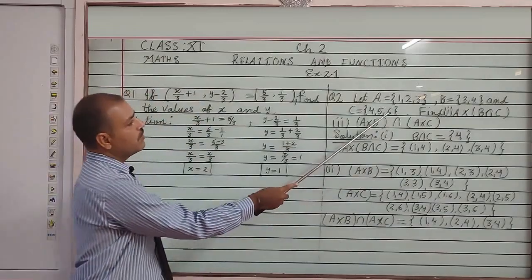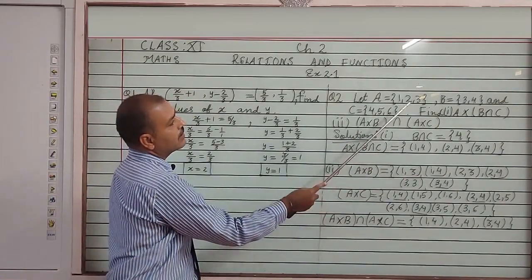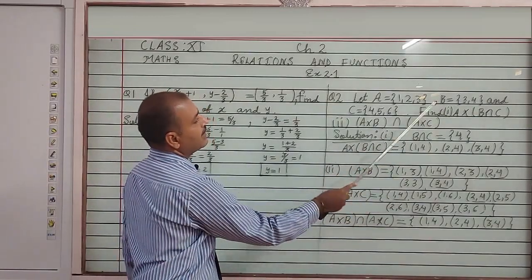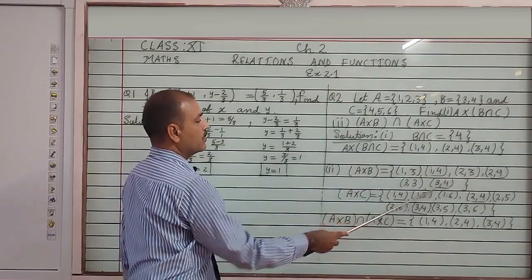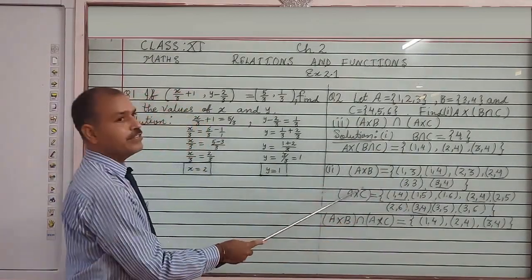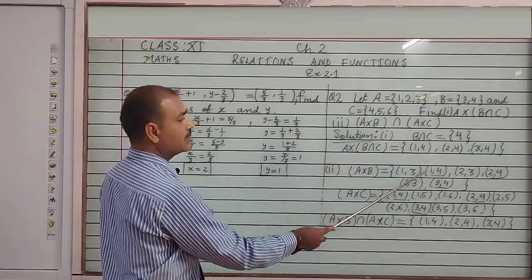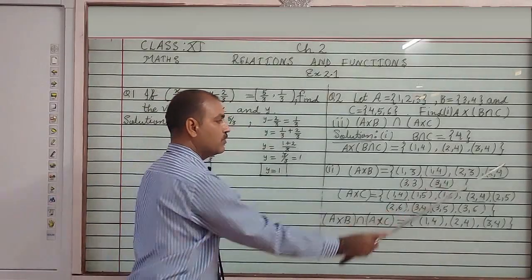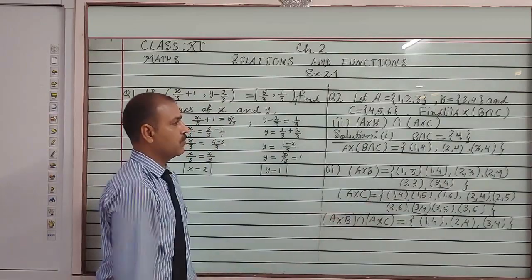Look here, all of you. (1, 3), then (1, 4), (2, 3), then (2, 4), then (3, 3), (3, 4). So the Cartesian product of A and B is {(1, 3), (1, 4), (2, 3), (2, 4), (3, 3), (3, 4)}.